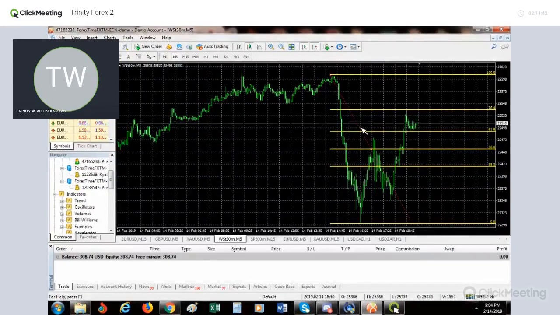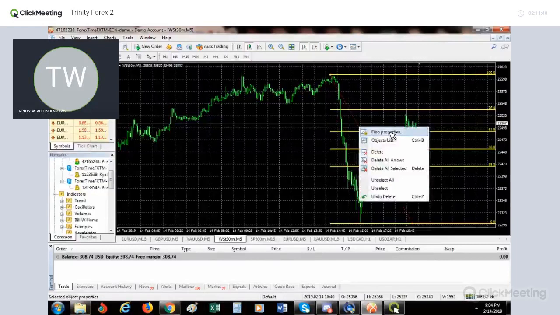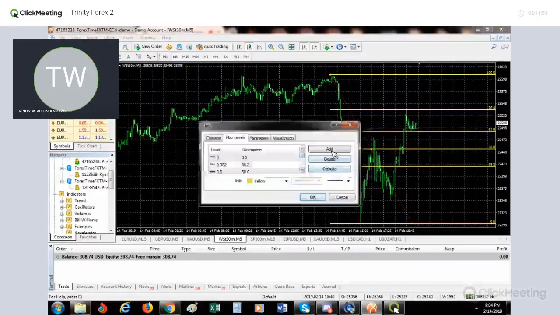It has come out. To add it, I double click, because most of the things you're going to add, like extensions, are done the same way. Right click, go to Fibonacci properties, say Add, and it highlights in blue to give me an opportunity to add what I want.